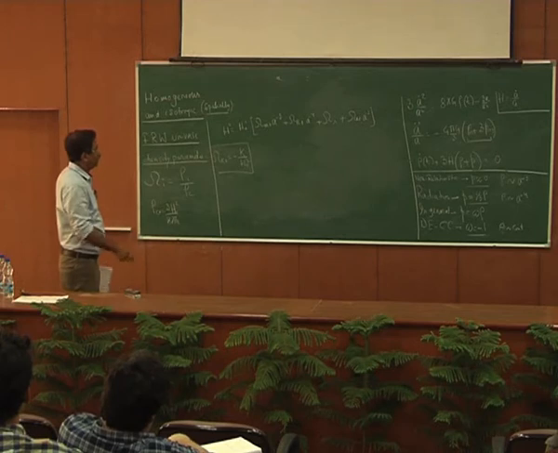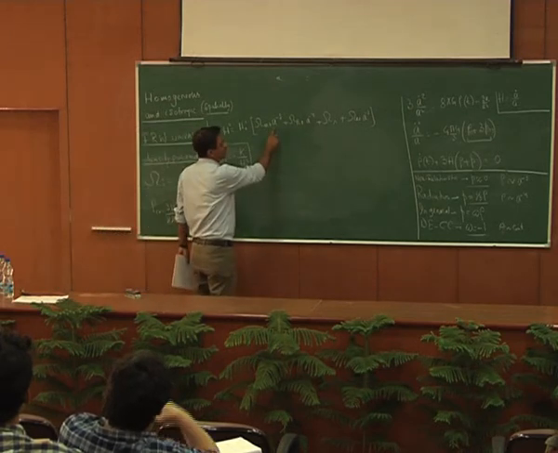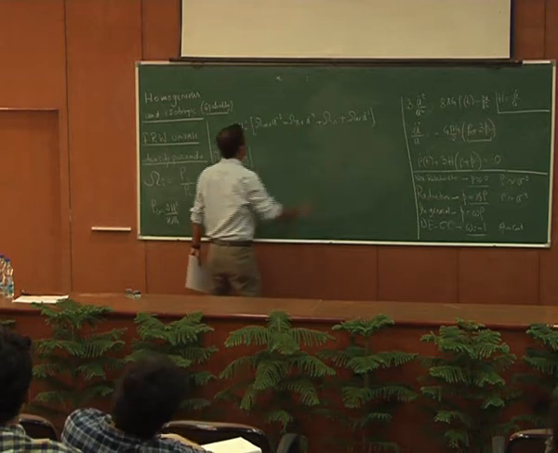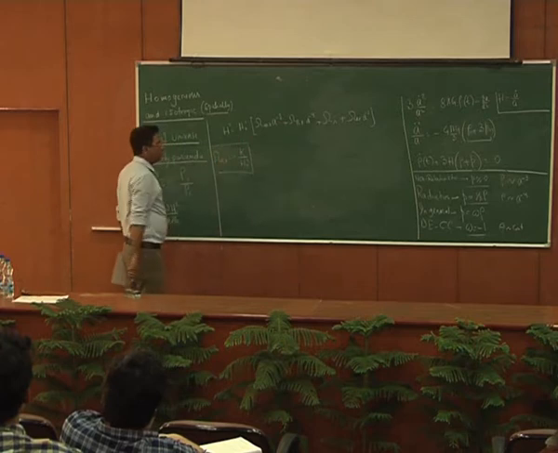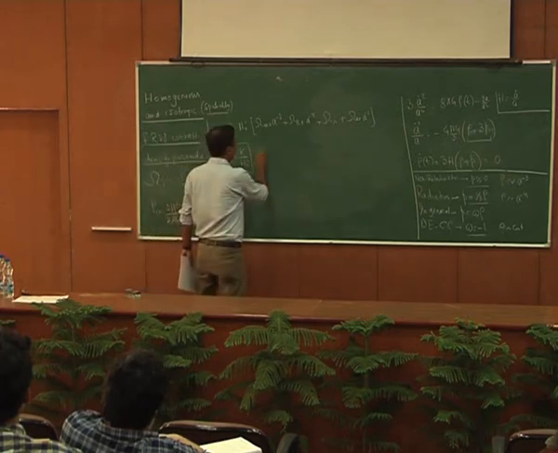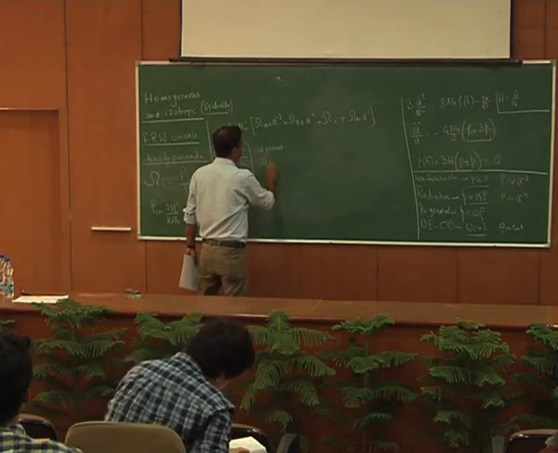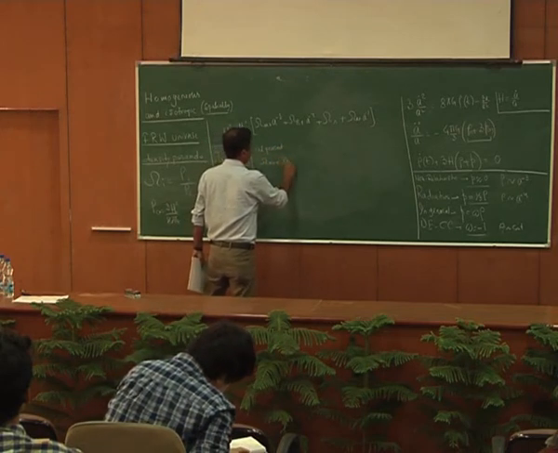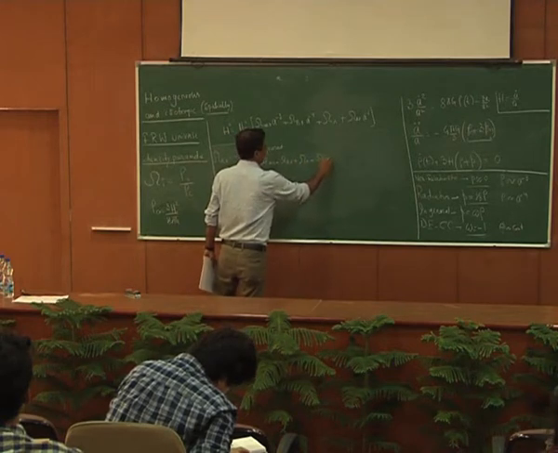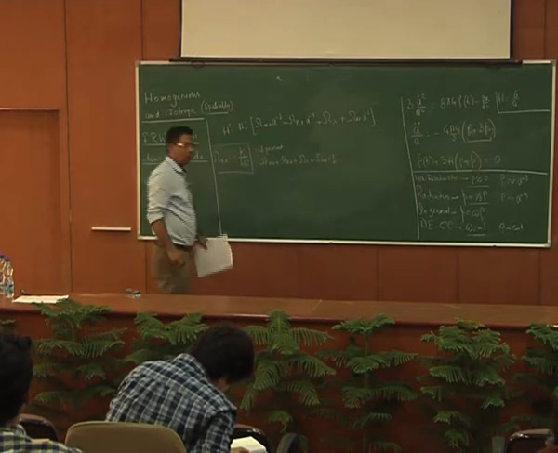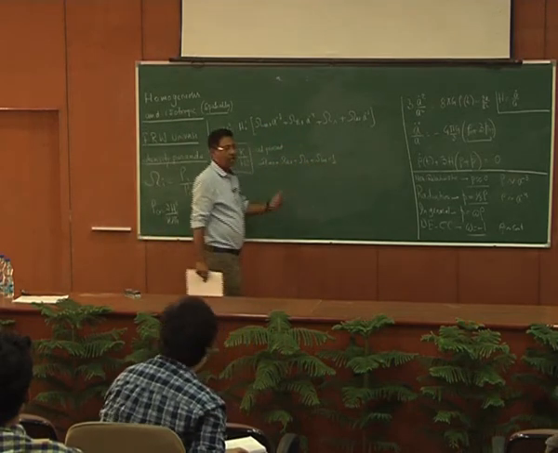But there is one thing: at present, as I said, a is 1 and H is H naught. So what we know is that at present, if you add all those things, this gives you a 1. So not all the four are independent. If you know three, you know the other one.